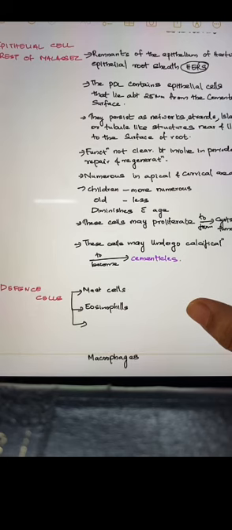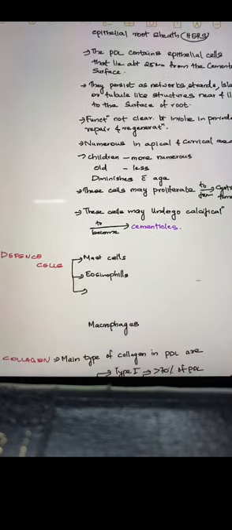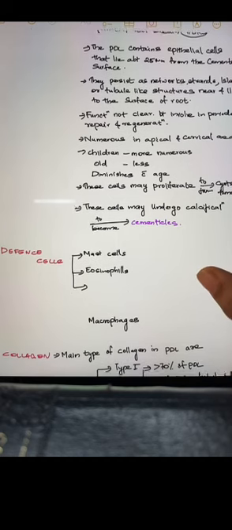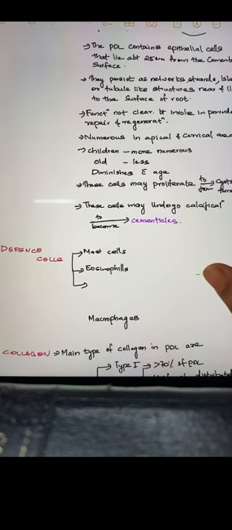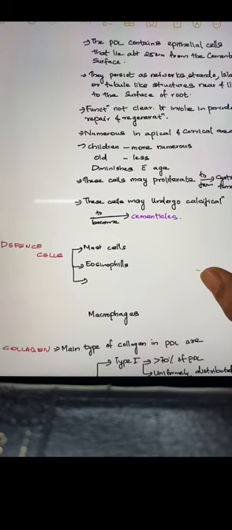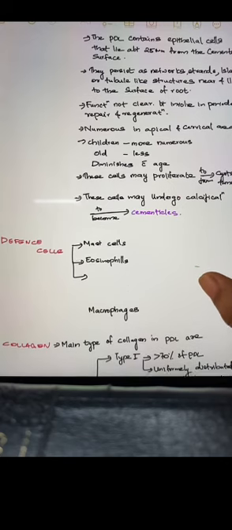The main functions are not clear, but these cells are involved in periodontal repair and regeneration. These cells are numerous in the apical and cervical areas and can be seen more in children, diminishing with age. These cells may proliferate into cysts and tumors.